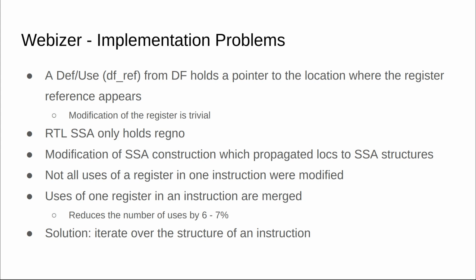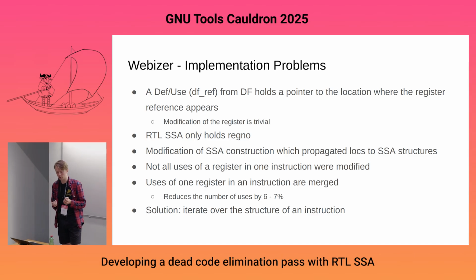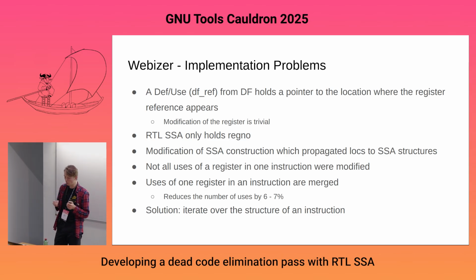So to override a register, it is much harder with the new framework because it only holds a register number. So we tried to modify the SSA framework and propagate these locations to SSA structures.